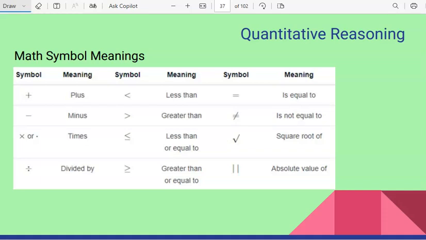Either one of these could be multiplication, times. We have divided by, less than, greater than, less than or equal to, greater than or equal to. Equal sign, not equal to, the square root of, and then absolute value of.